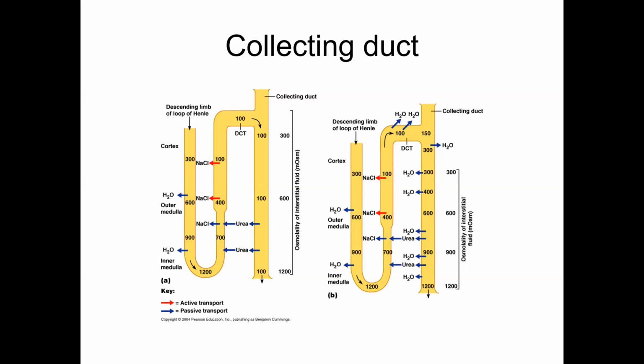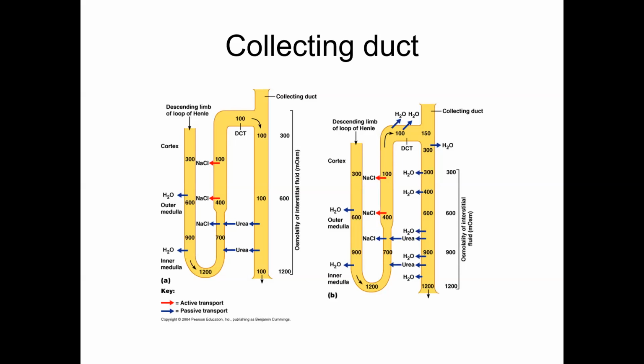Okay, and also aldosterone. If you remember, aldosterone is made by the adrenal gland. Aldosterone's function is to increase sodium reabsorption. When sodium goes, water always follows. So by increasing sodium reabsorption, it will reabsorb more water as well.